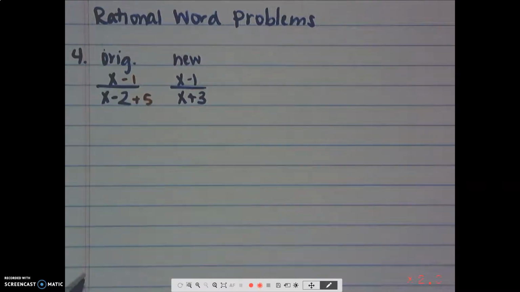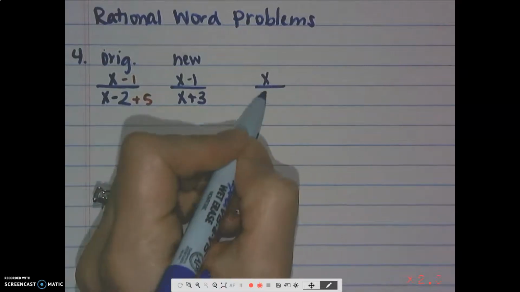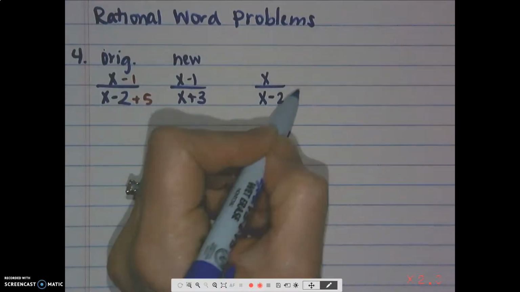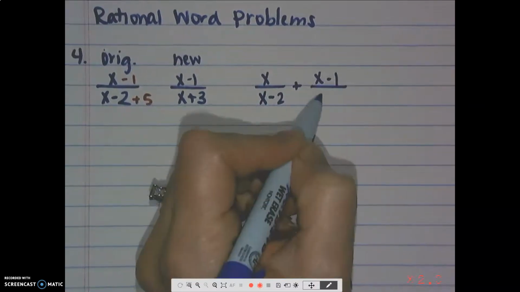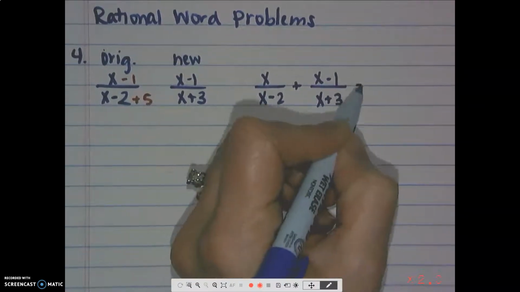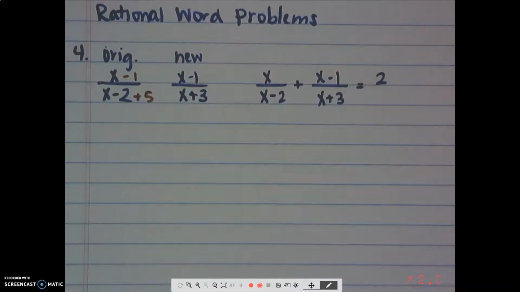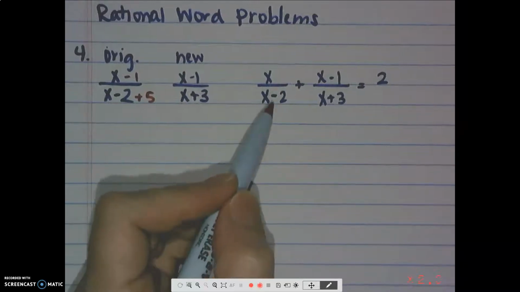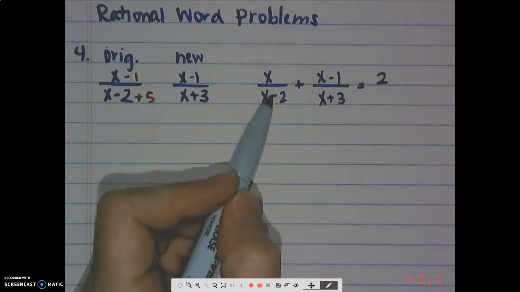Now, this tells us that if we take the original and the new, the sum of those, meaning if we add them together, is going to equal 2. All right, so we're going to get a common denominator between these two or actually all three of these fractions, and the common denominator would be these two pieces, okay?